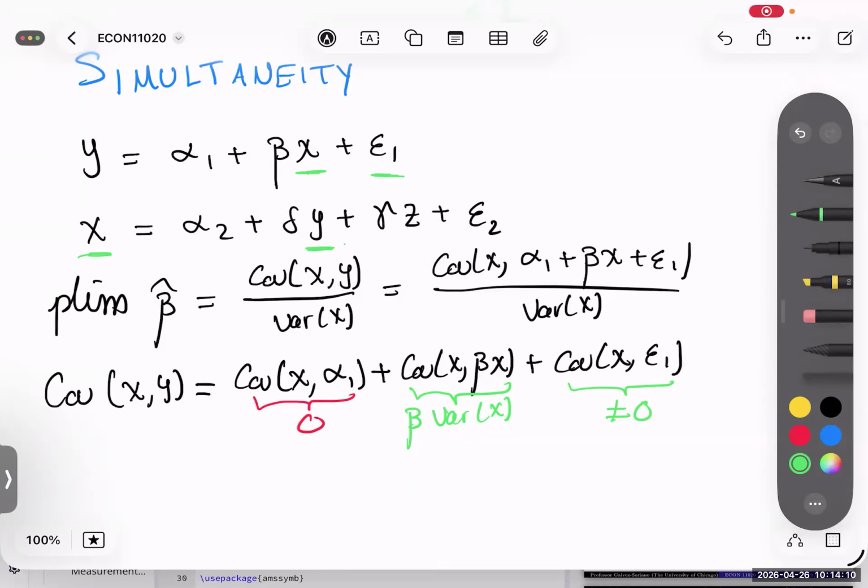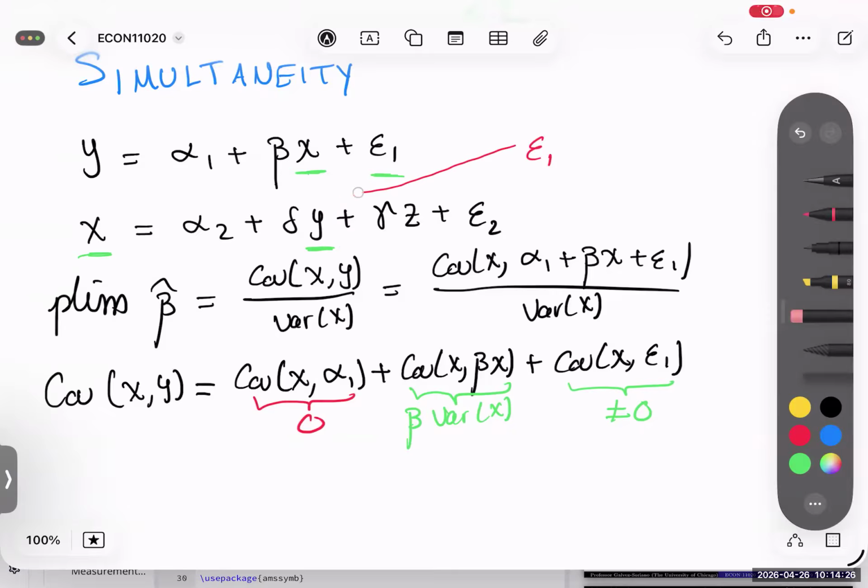So this y here, I'm going to put it in red. This y here contains epsilon 1.